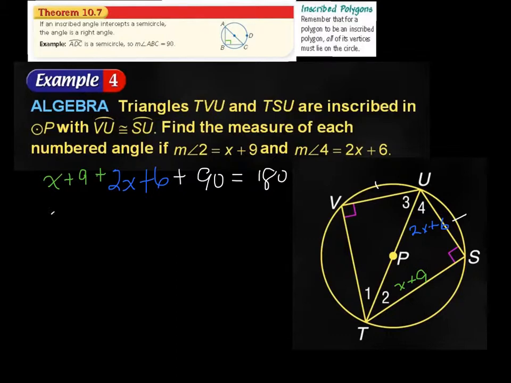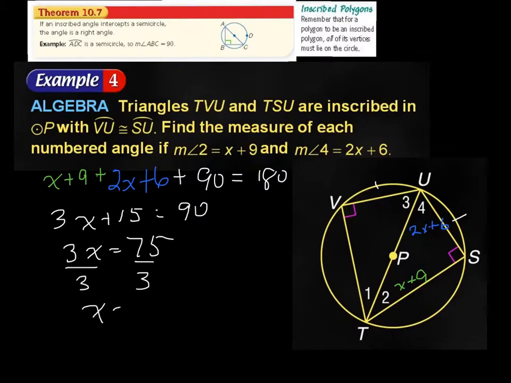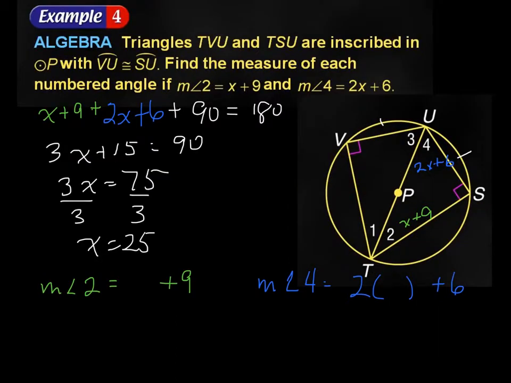So combining our like terms, we have 3x plus 15. Subtract 90 from both sides is 90. So 3x equals 75 after subtracting 15 from both sides, and divide by 3. So x is going to be 25. So that gets us the measure of angle 2 and angle 4.